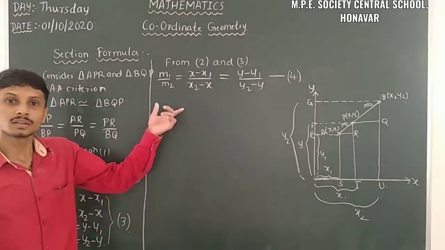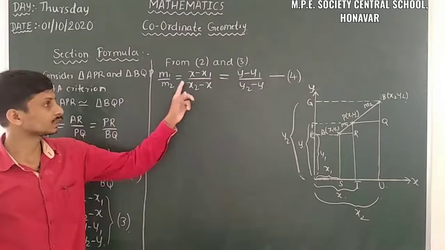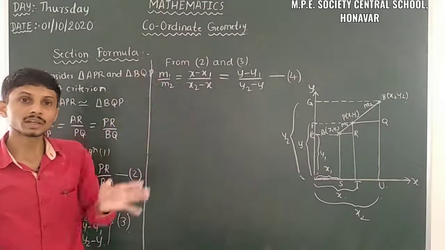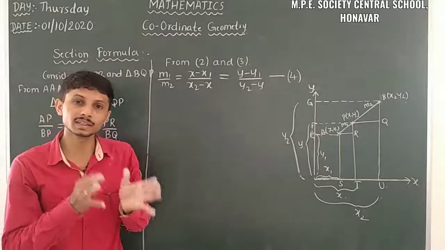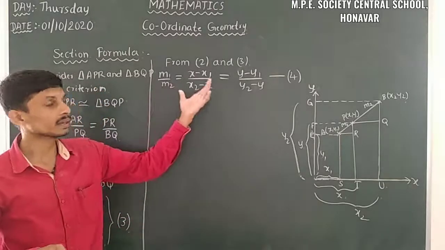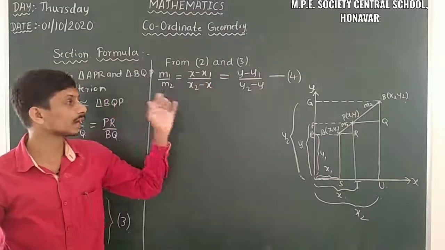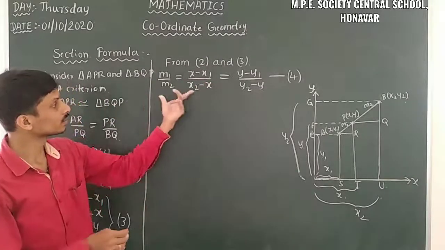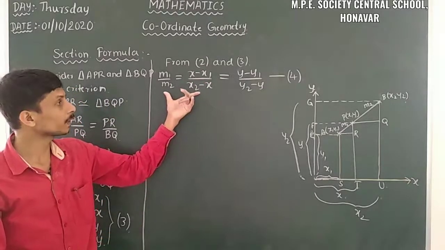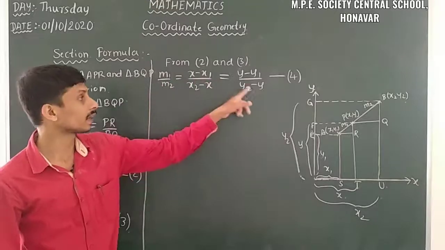You just observe the relationship between these equivalent ratios. Here we have to find the relationship between m1 and m2 and x, y, x1, y1, x2, y2. So that's why we have to take it part-wise. Firstly I will take this part and then another part.